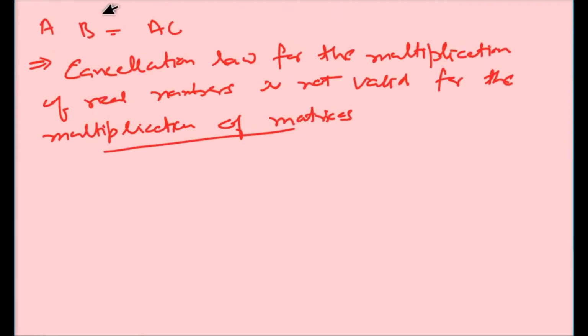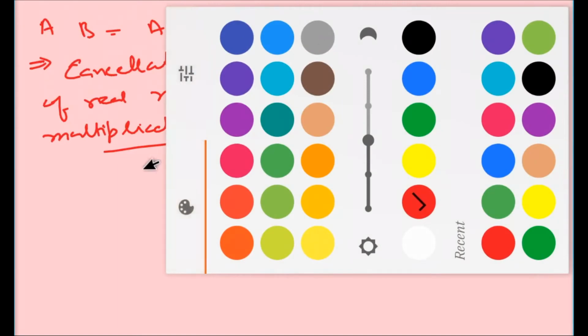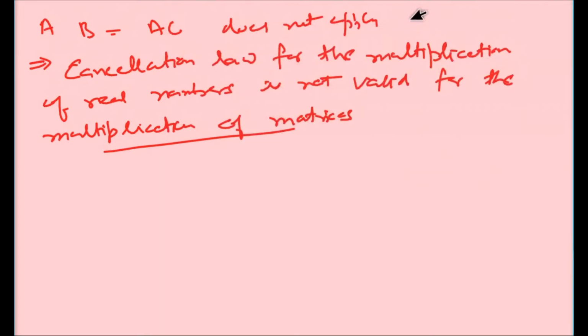We cannot cancel this, and if AB equals AC, then it does not apply that B equals C.